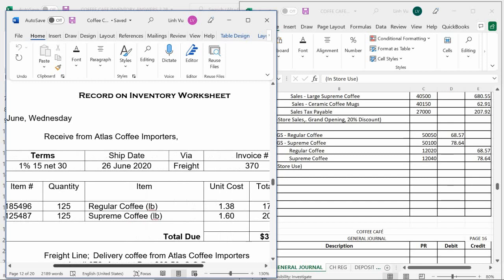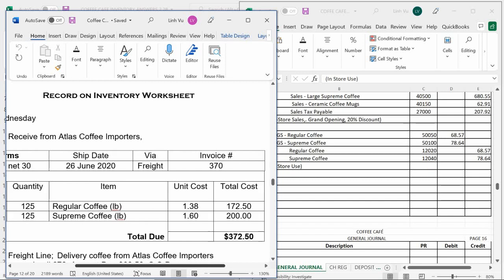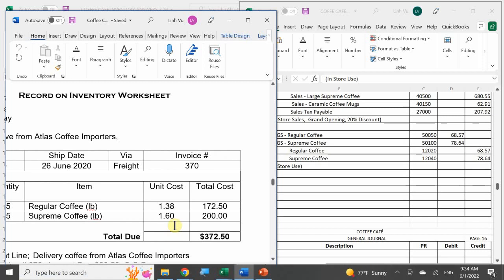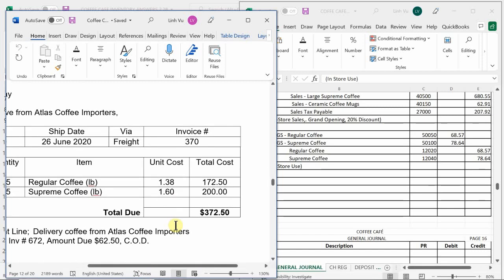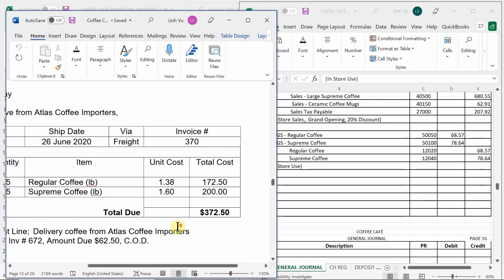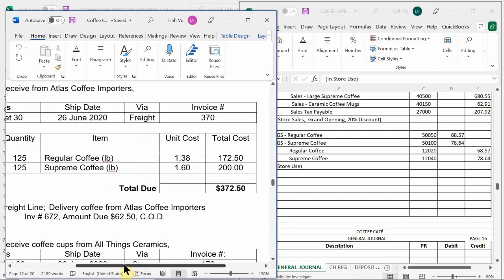Terms is 1%, 15 net 30. We got 125 pounds of regular coffee at $1.38 and then 160, giving you a grand total of $372. And we also received our freight charges right here for $62.50.